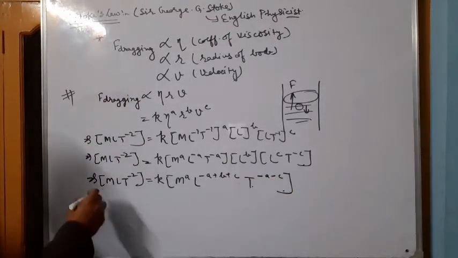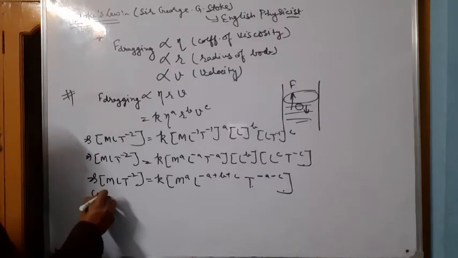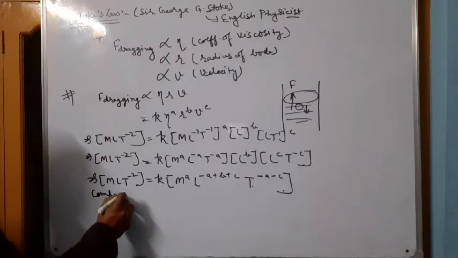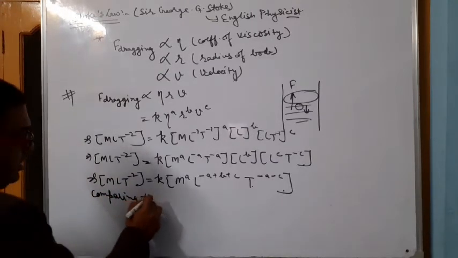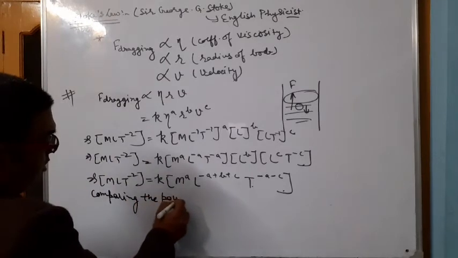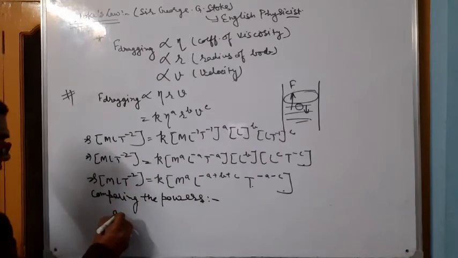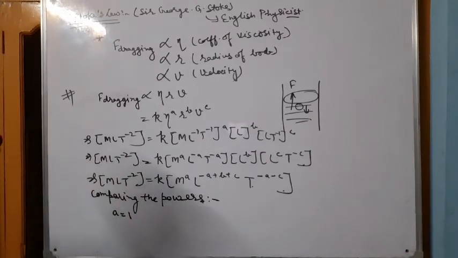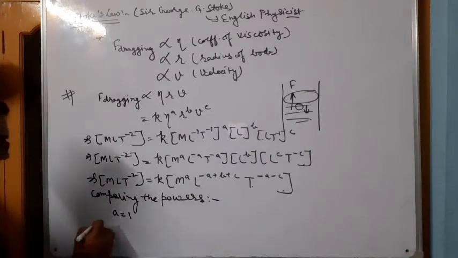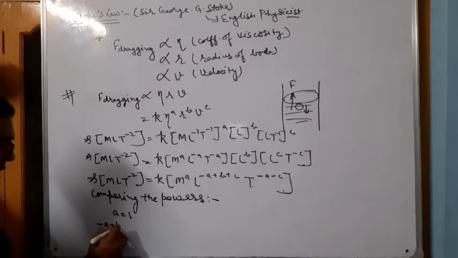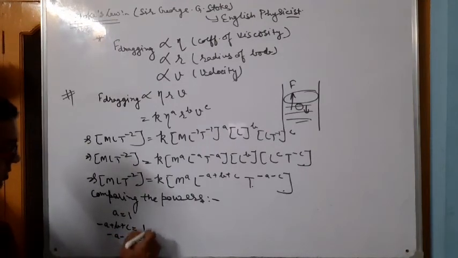On comparing the powers, we get a is equal to 1, minus a plus b plus c is equal to 1, and minus a minus c is equal to minus 2.